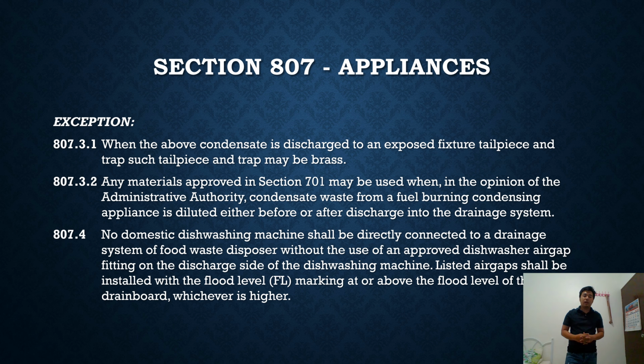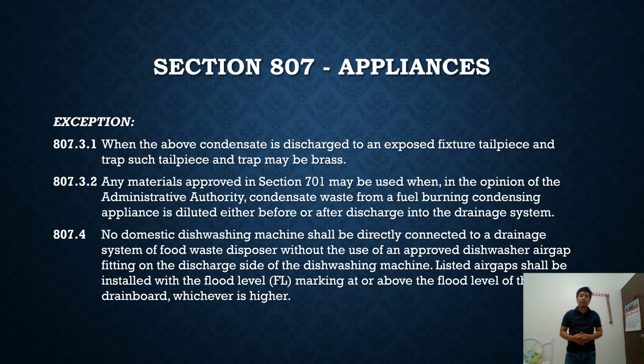Exception: when the above condensate is discharged to an exposed fixture tailpiece and trap, such tailpiece and trap may be brass. Any materials approved in section 701 may be used when, in the opinion of the administrative authority, condensate waste from a fuel burning condensing appliance is diluted either before or under discharge into the drainage system.